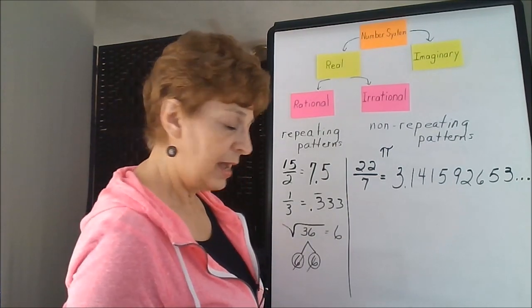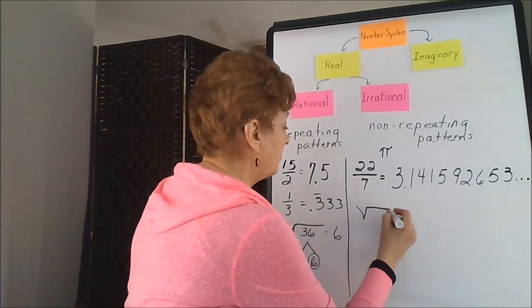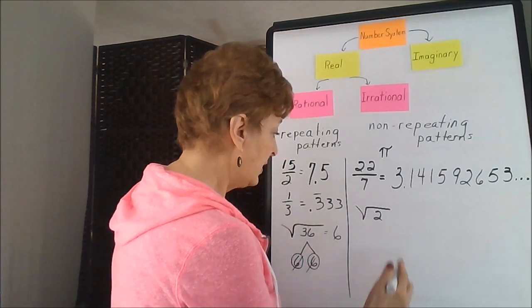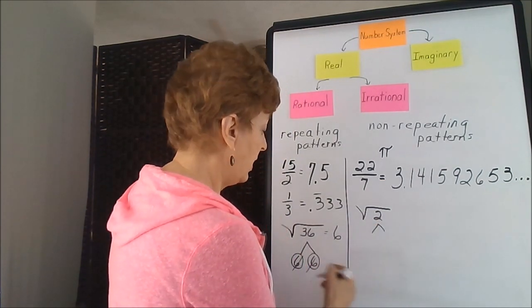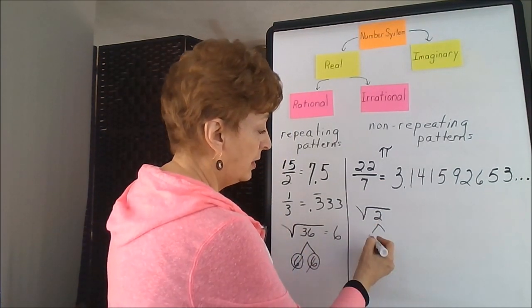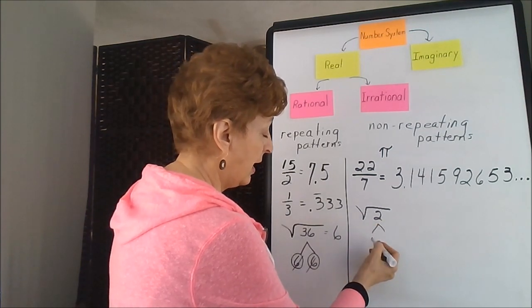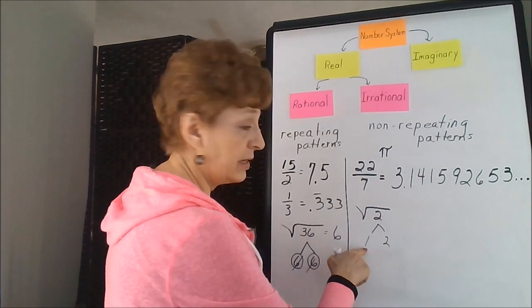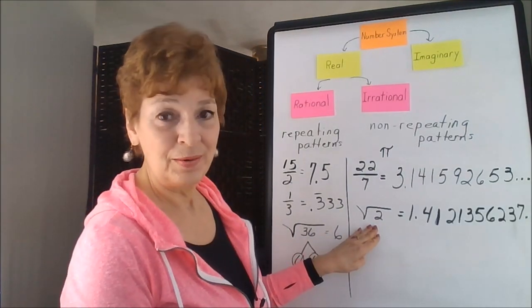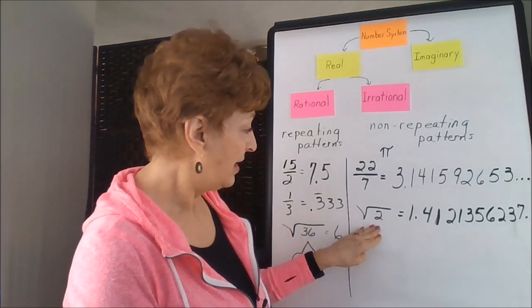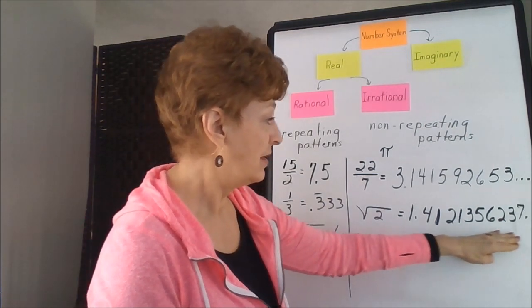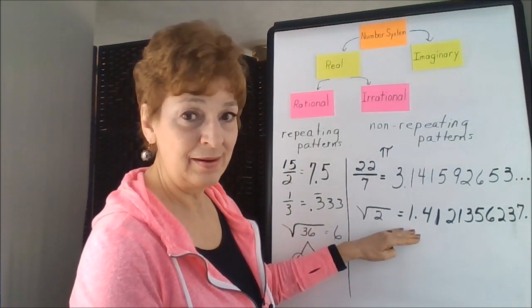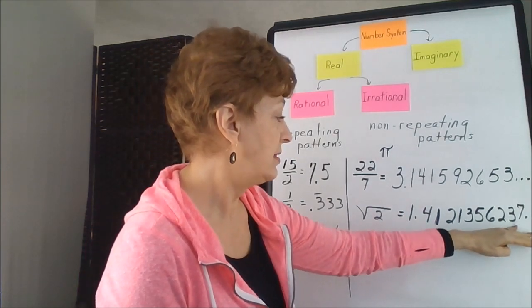But if we had the square root perhaps of 2, this one can't branch into a doubled number. We can't get factors of 2 other than 2 times 1, and those certainly don't match. The square root of 2, on the other hand, gives us this really hard to wrap your head around decimal.